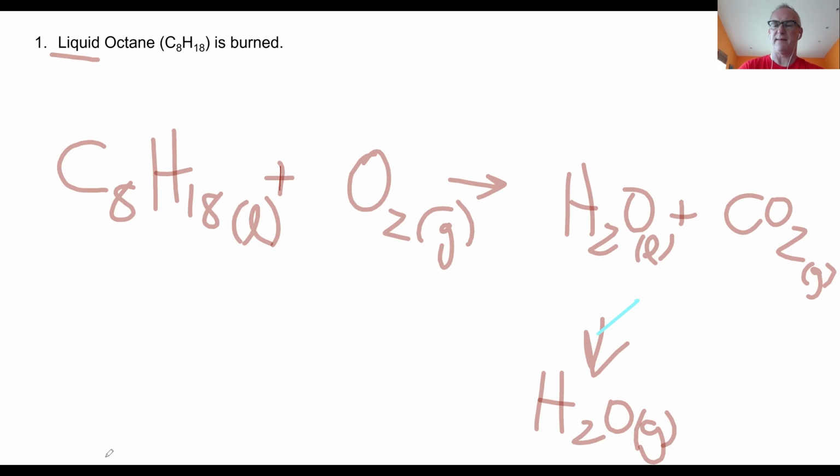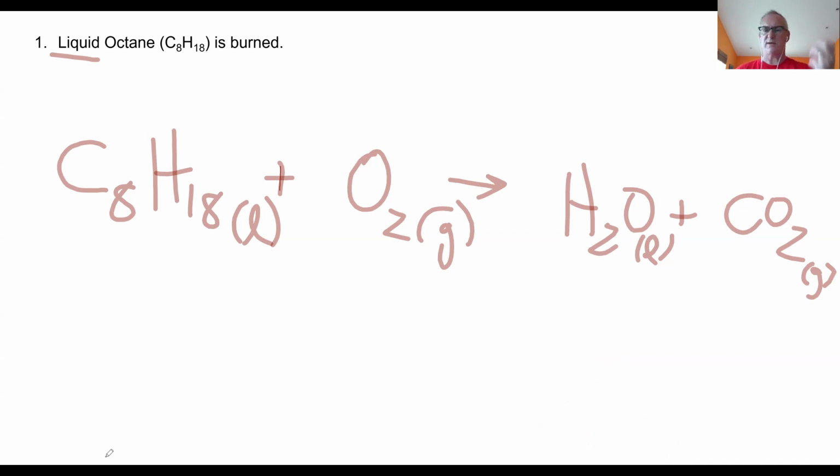So what's our next step? We figured out what our reactants are. We figured out what our products are. What's the next thing we have to do? Excuse me. When water is at 0 degrees or 100 degrees, what do we put? Liquid, comma, gas, or just liquid? No, liquid. Unless you're given the temperature.